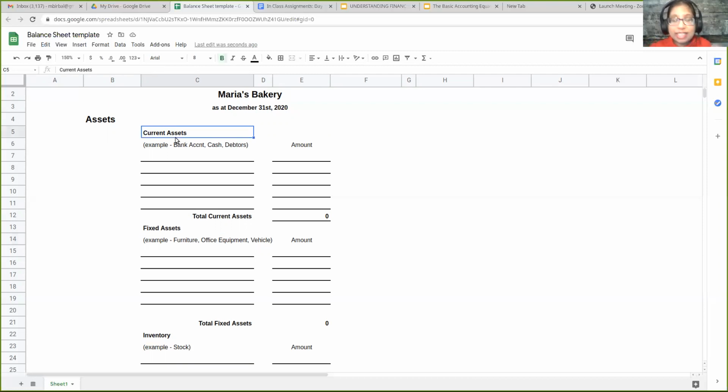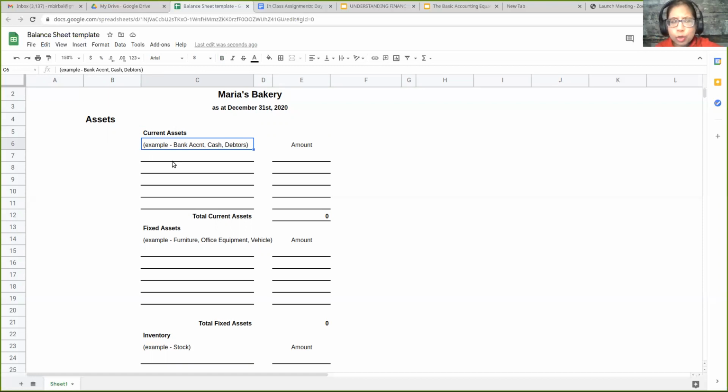And your current assets would be those assets that the business owns for a shorter period of time, for example, cash, debtors, stock or inventory. Those would be examples of your current assets.